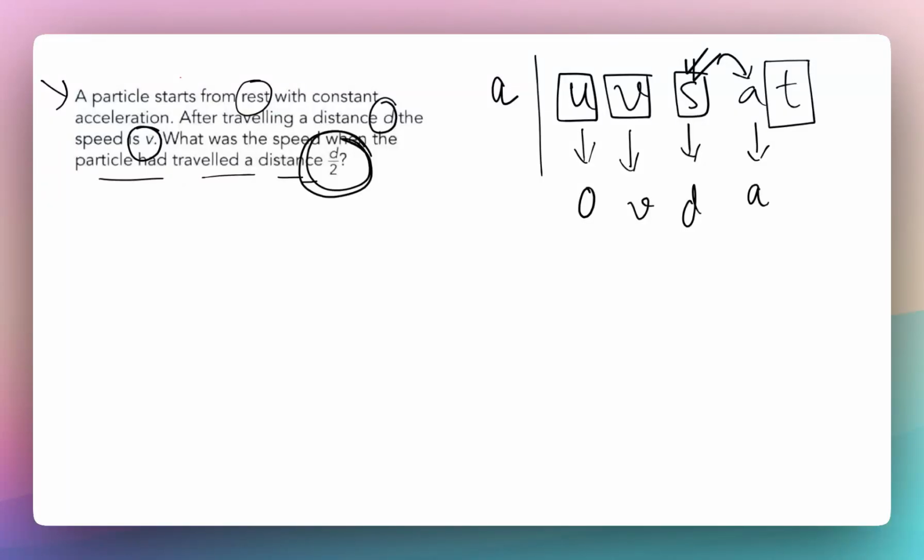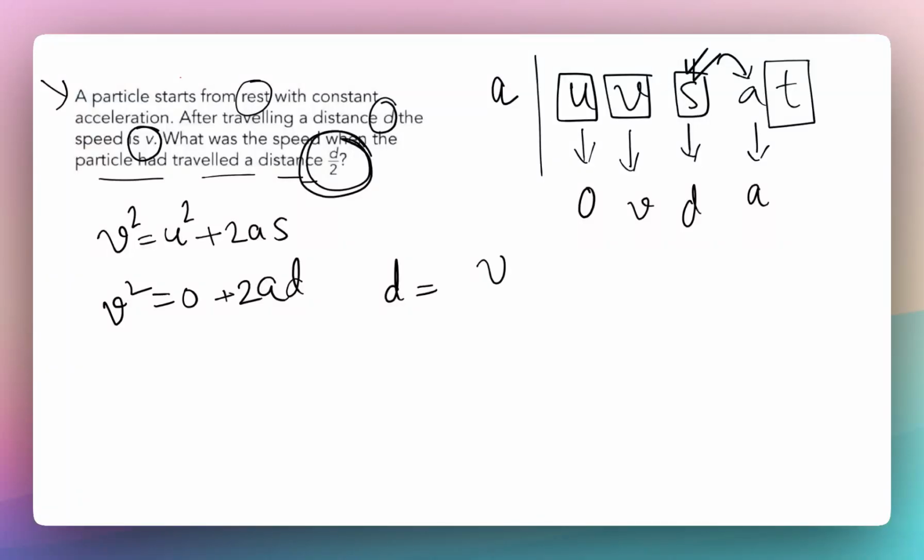Out of the 5 equations, there's only one which does not have time: v squared is equal to u squared plus 2as. Now u is equal to 0, so my 2 into a is what we have, and s is d, and this is v squared. So my d is going to be v squared divided by 2a.